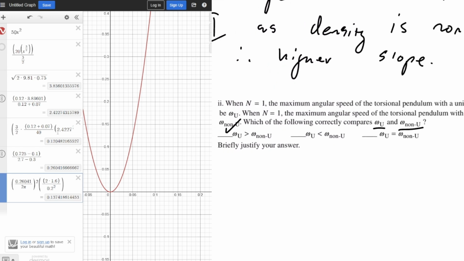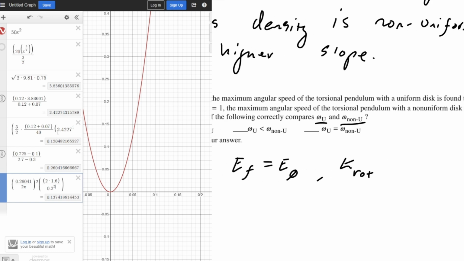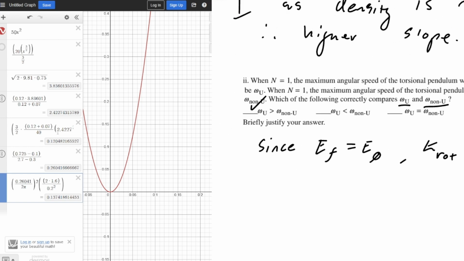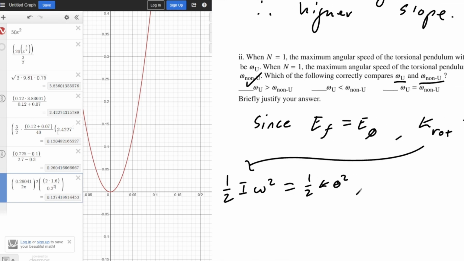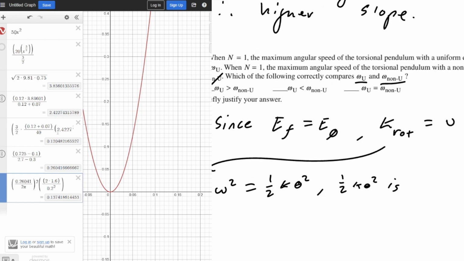I'm going to say this one, and we're going to say since E final, it's not a vector, equals E initial, K rotational has to equal U. We'll bring that over here. We'll say our rotational kinetic energy has to equal 1/2 kappa theta squared. 1/2 kappa theta squared is a constant.